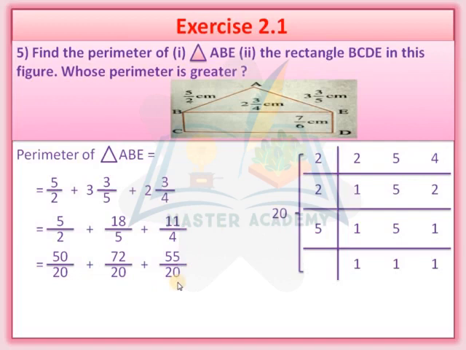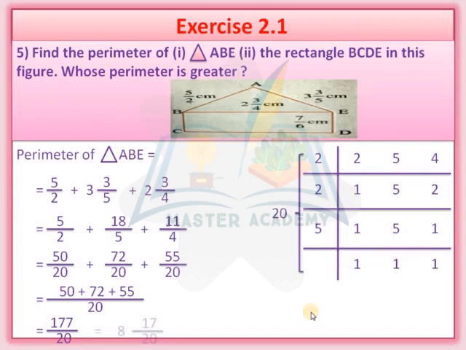Now all the denominators are the same. Okay, so 50 plus 72 plus 55. So the answer is 177 upon 20. Now this is which fraction? Okay, here it is not a proper fraction, it is an improper fraction, right?